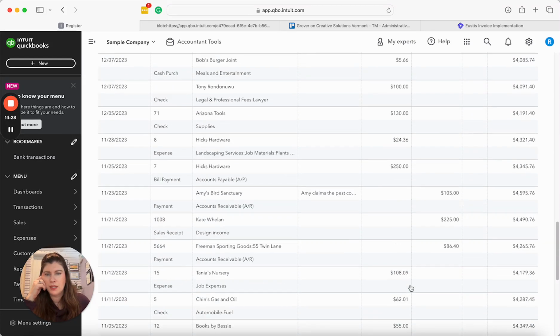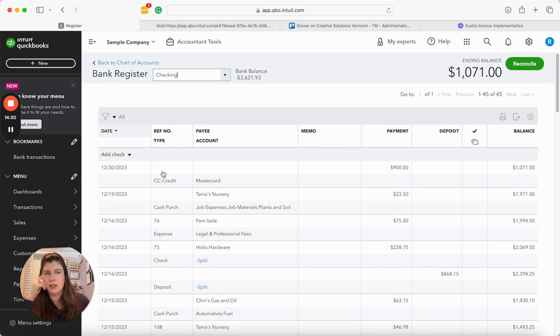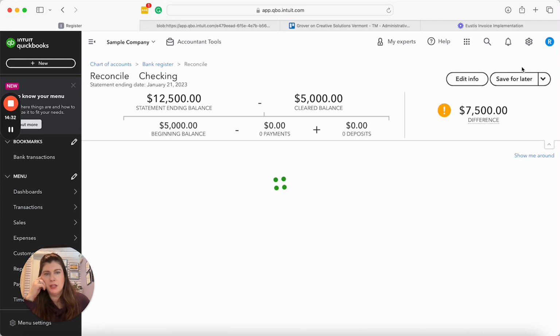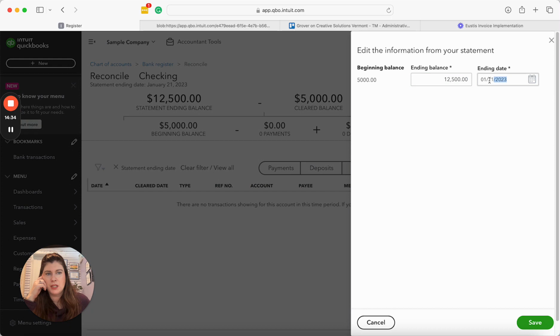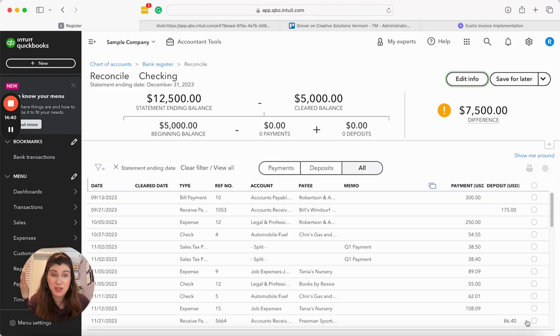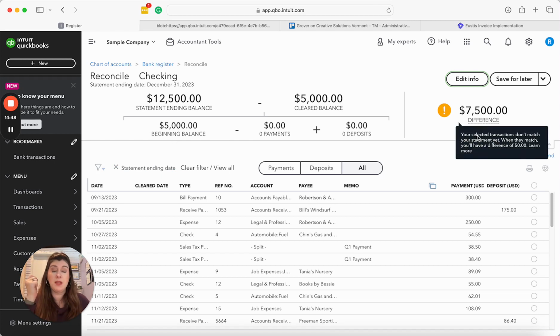All right, so let's say we're doing a December one because there are transactions in here. So I'm going to edit the info, and I'm just going to say that that's for 12/31/2023. Okay. We don't have a bank statement for this sample company, so we can't actually do it. But let's pretend that the beginning balance on your bank statement is $5,000. The ending balance is $7,500.